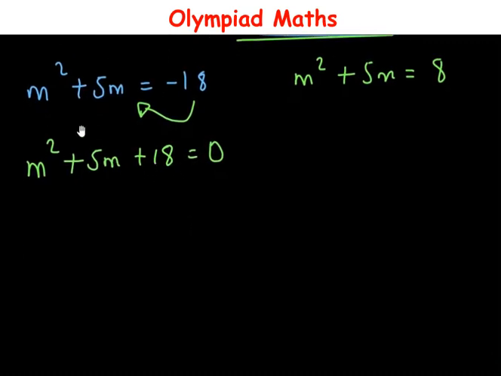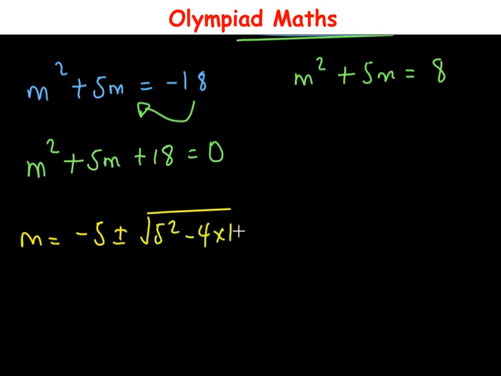Now, to solve this equation, being a quadratic equation, we are going to solve it making use of the quadratic formula, and it is given by m is equal to minus 5 plus or minus square root 5 squared minus 4 times 1 times 18, okay, all over 2 times 1.